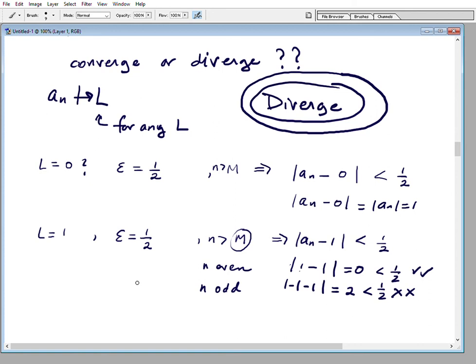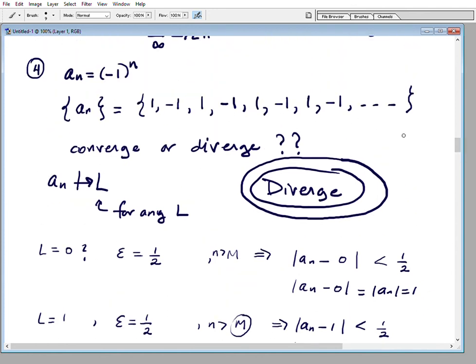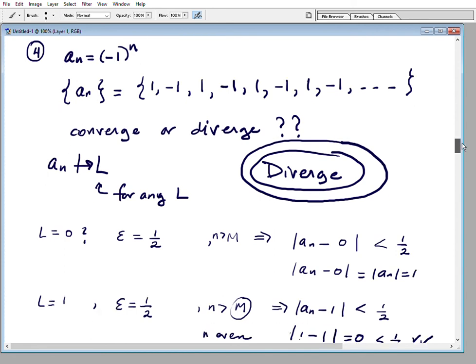But really the best way of thinking about it is this series is not zeroing in on any number. It's bouncing back and forth. It's not getting closer and closer to any particular number. That's really the way of thinking about it.